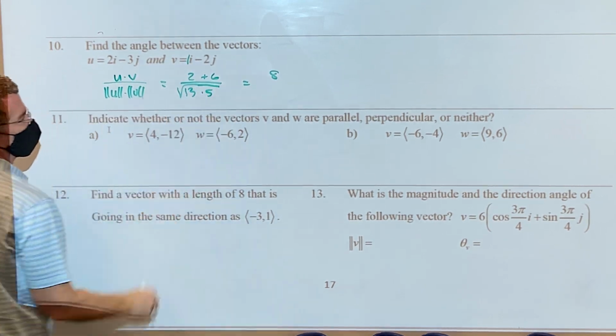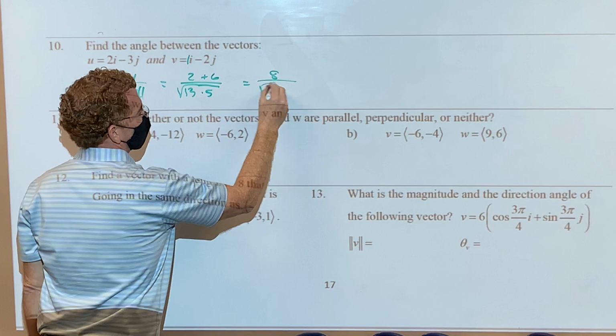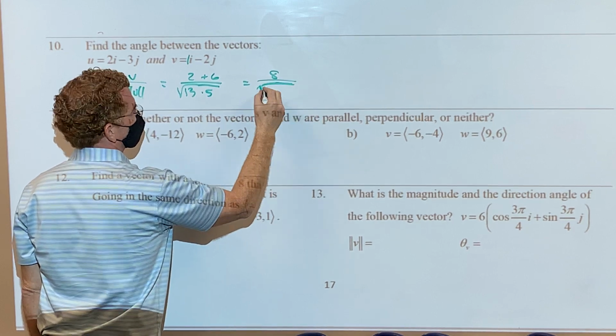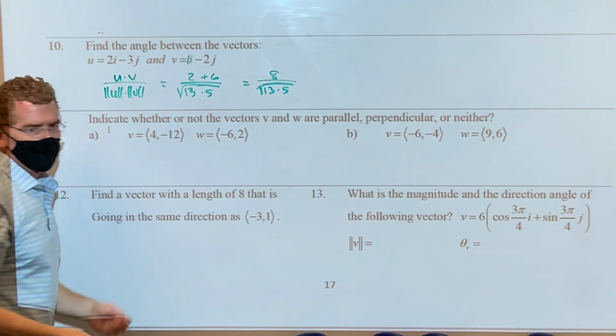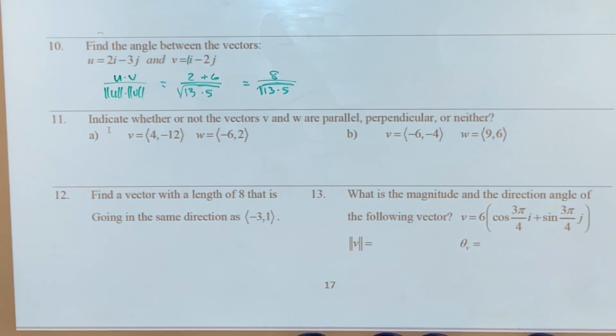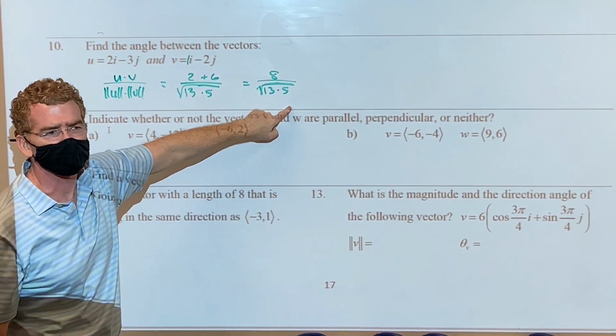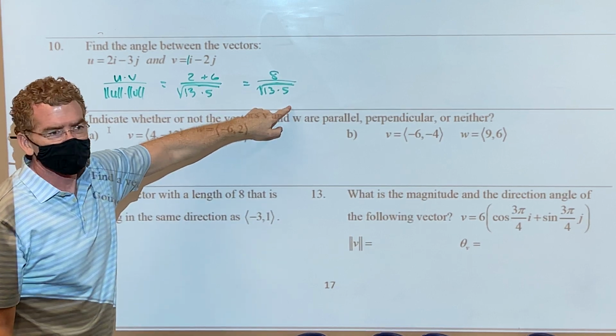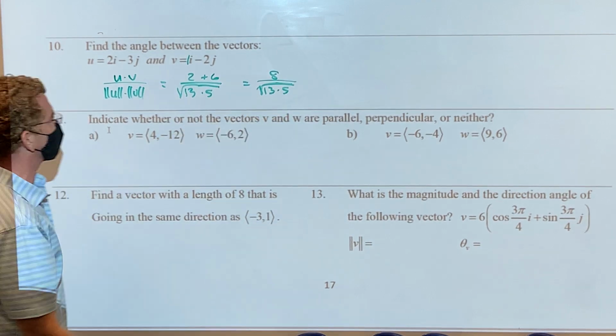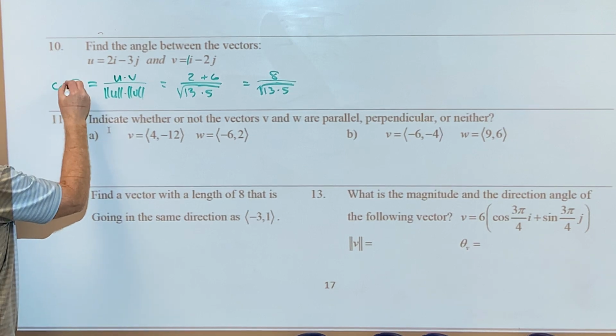I'm just going to put both under one big radical. You can multiply those together if you want, but most of the time it's going to be a calculator problem, so I really don't need to risk anything. But if I just write that, and by the way, don't ever rationalize this. You're going to put it in your calculator at best, right? So that isn't the angle, that is the cosine of the angle.